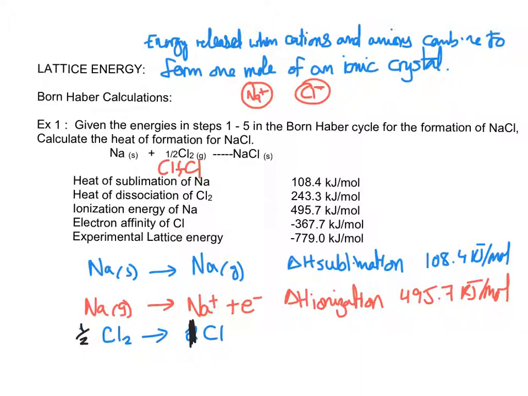So delta H of dissociation. And we said it's endothermic because I have to put in energy in order to break that bond. The heat of dissociation of chlorine is 243.3 kilojoules per mole. But just like we divided our reaction by 2, I will also divide this heat by 2 as well, because I only need one chlorine, not both chlorine atoms there.